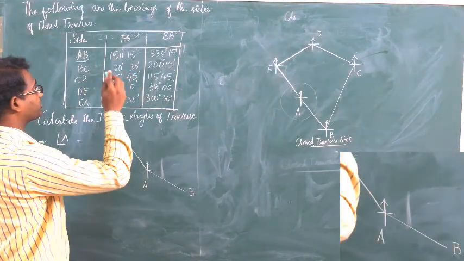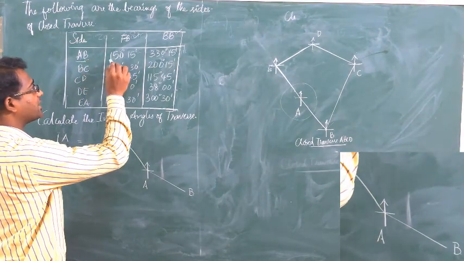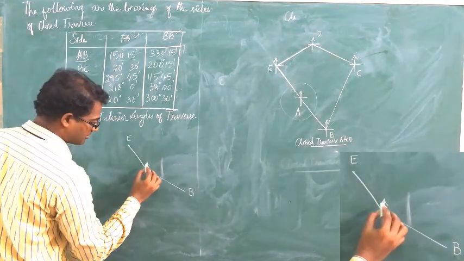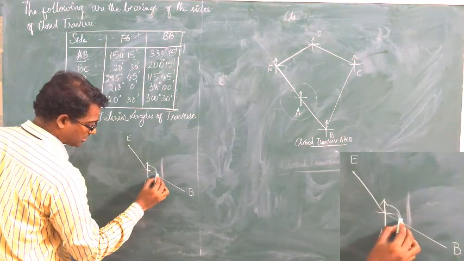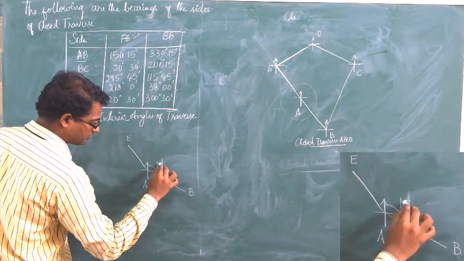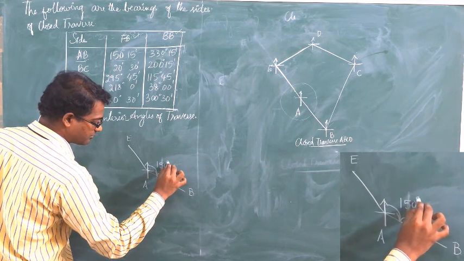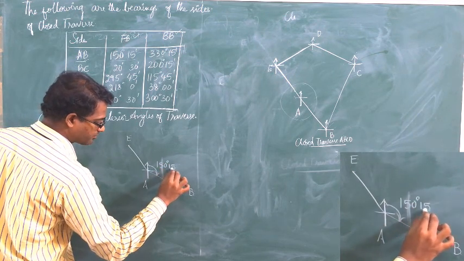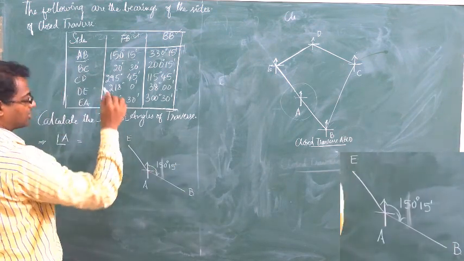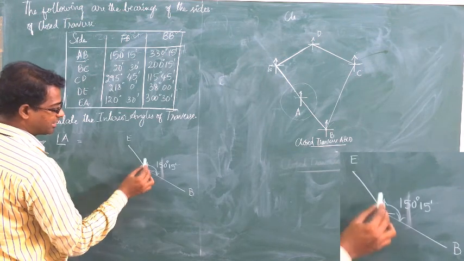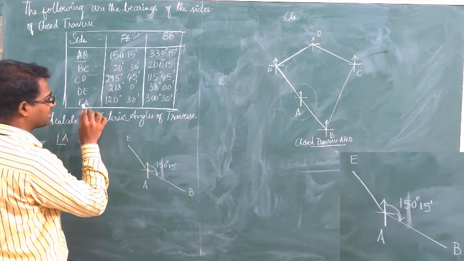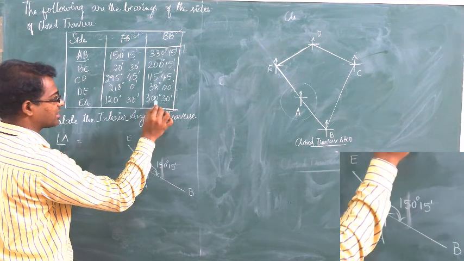Now these readings are known to you. Look at the diagram. A to B forebearing is 150 degrees 15 minutes. From here to here it is 150 degrees 15 minutes. Now A to E is nothing but EA back bearing, it is 300 degrees 30 minutes.